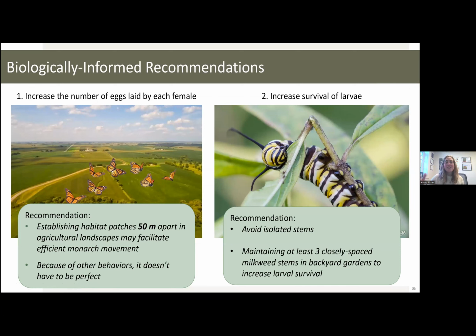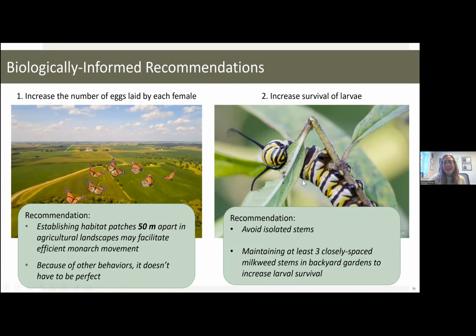And so just in conclusion, 2 really easy examples of how understanding monarch butterfly biology can help us with conservation. The first being that we could increase the number of eggs laid by females if we were to establish habitat patches every 50 meters, but it's okay if it's not perfect, because there's other behaviors that the monarchs do that they'll still be able to find other milkweed.